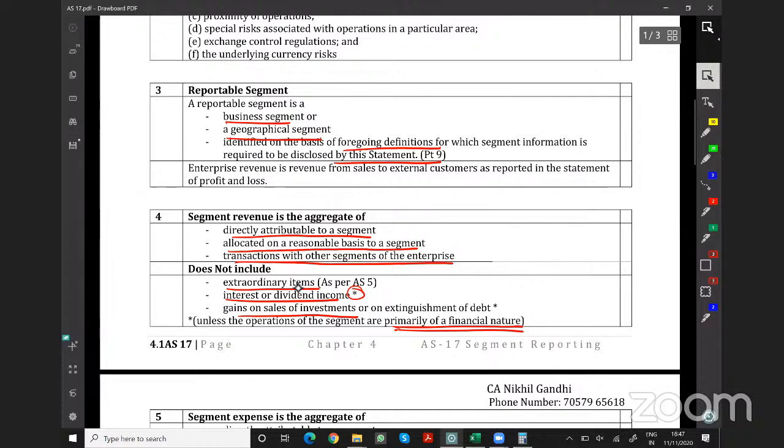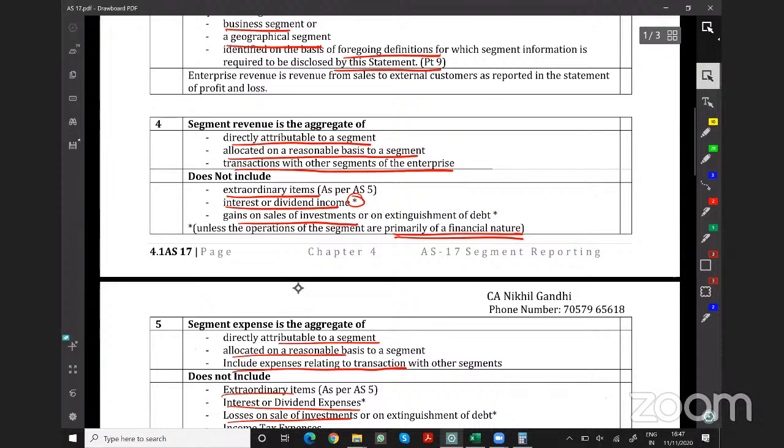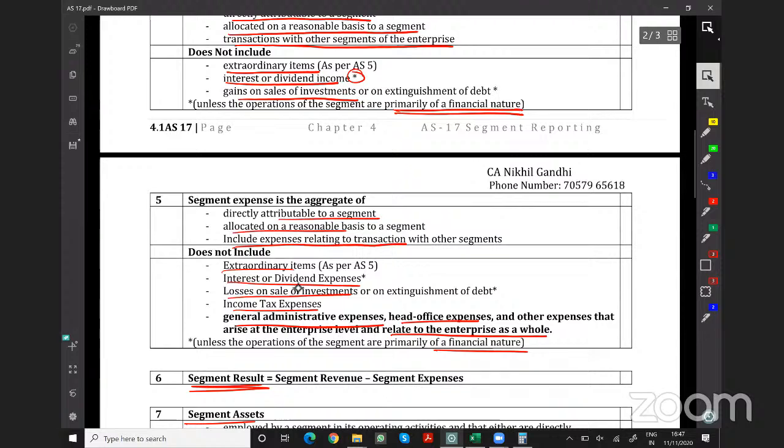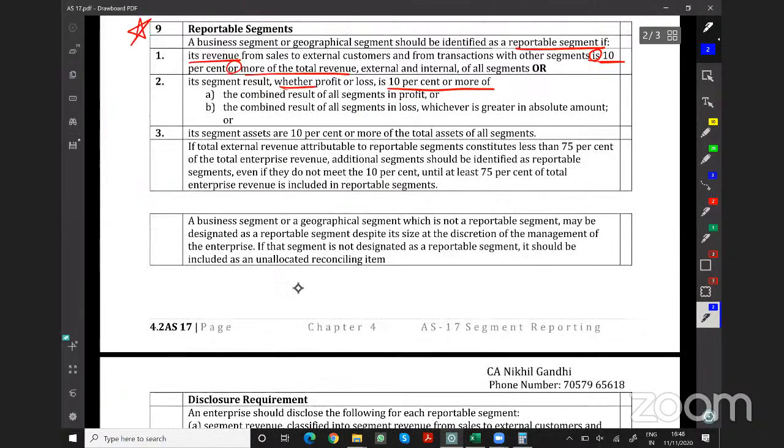The second one is its segment result, whether profit or loss, is 10% or more of the combined result of all the segments in profit or the combined result of all the segments in loss. See, we will take an example of some other company which has six segments.